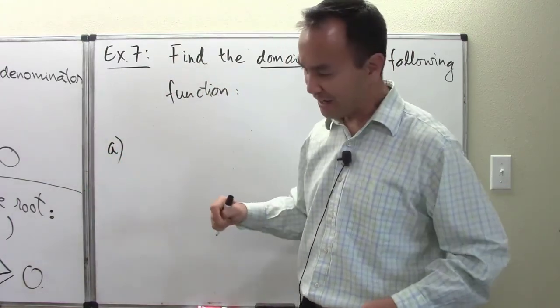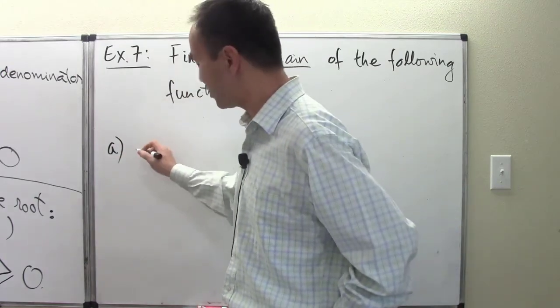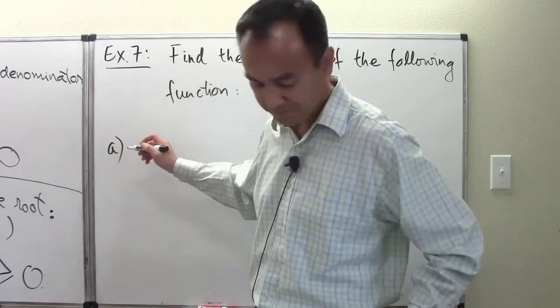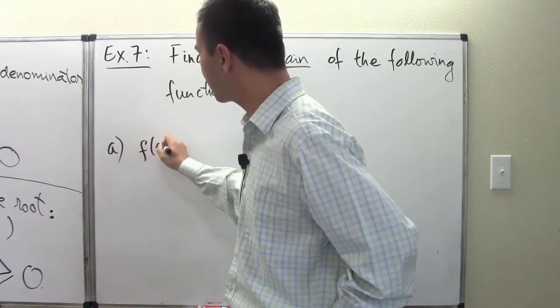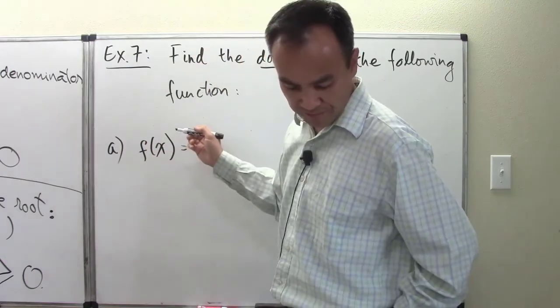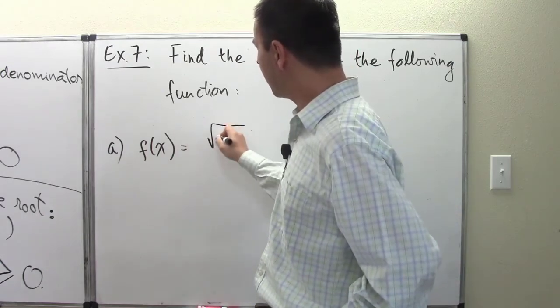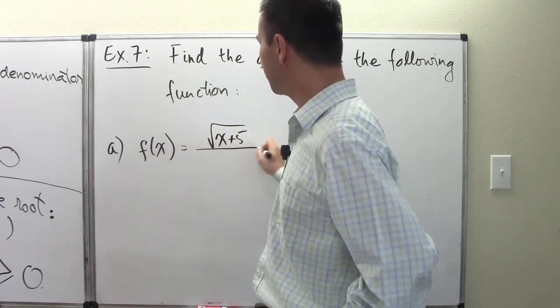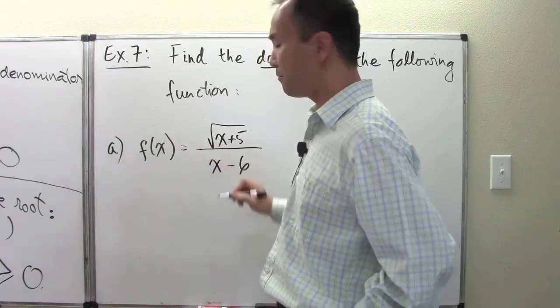So let's look at part A right here, where I'm looking at a function f of x defined by the following rule: the square root of x plus 5, divided by x minus 6.